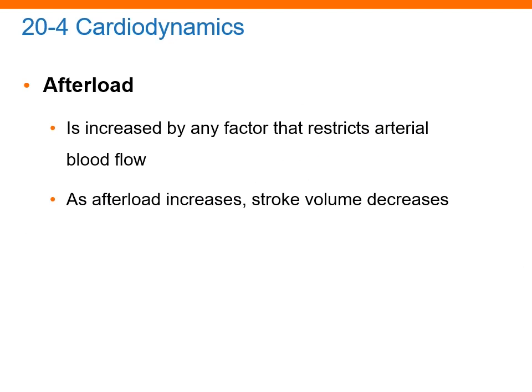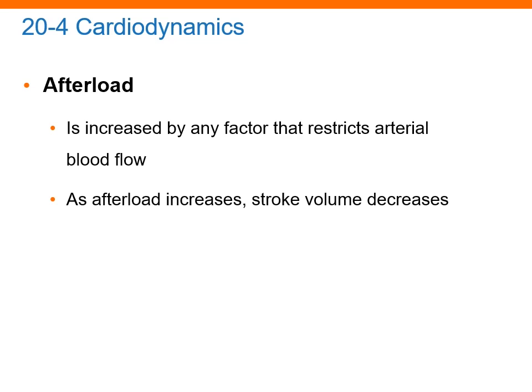Afterload is regulated by anything that restricts arteriolar or just arterial blood flow. It's really the same thing, arteriolar or arterial. The subtle difference is that the arterioles are small, and just arteries is a more general term for anything leaving the heart. So as the afterload increases, the stroke volume decreases.